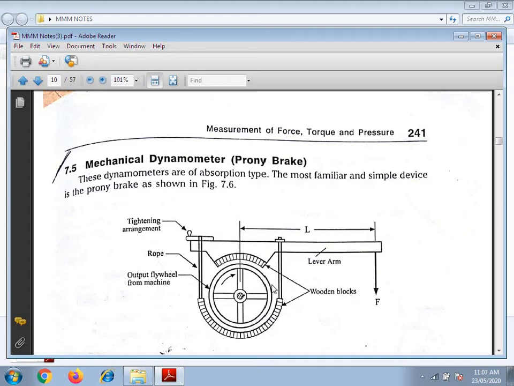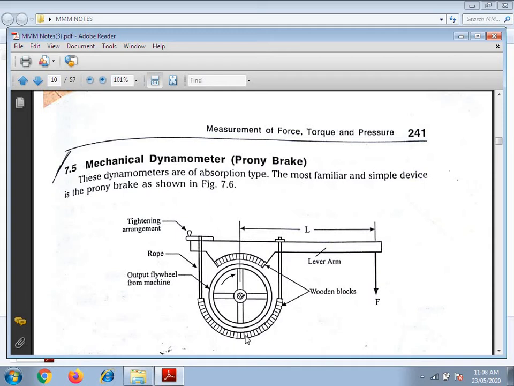One block carries a lever arm, and an arrangement is provided to tighten the rope which is connected to the arm. The rope is tightened so as to increase the frictional resistance between the blocks and the flywheel.